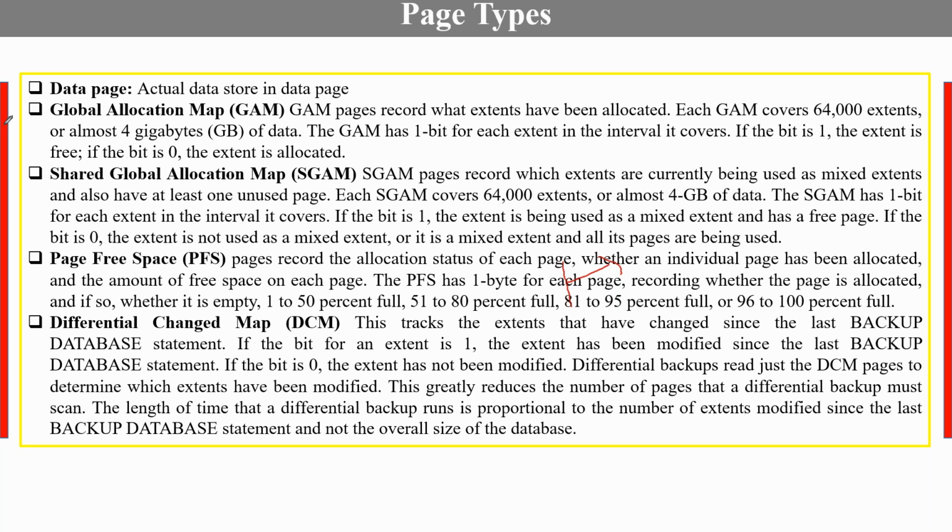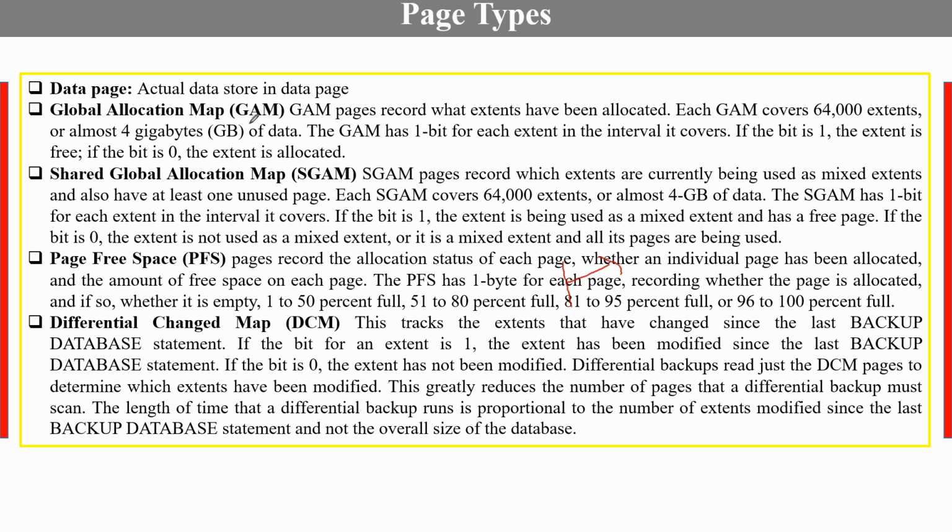So what is the size of GAM? 4 GB, 64,000 extents. What is the size of SGAM? 4 GB, 64,000. But here it is not allocating. It only contains the information about 64,000 extents. Allocation is performed from the GAM only.